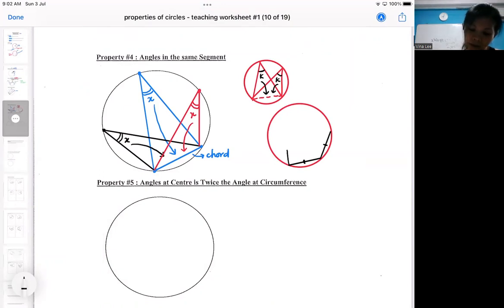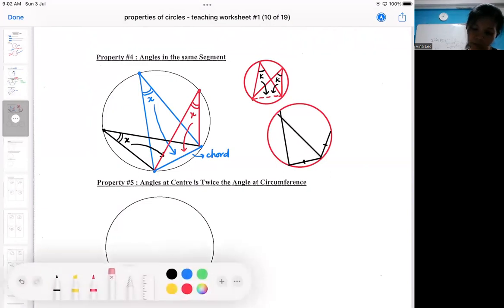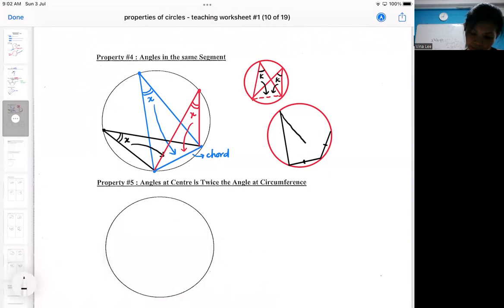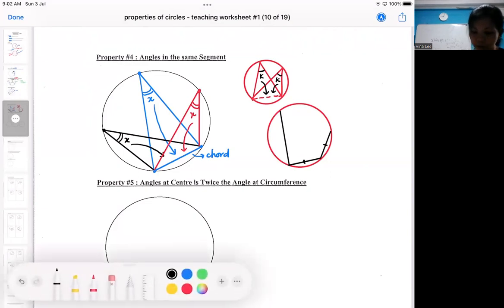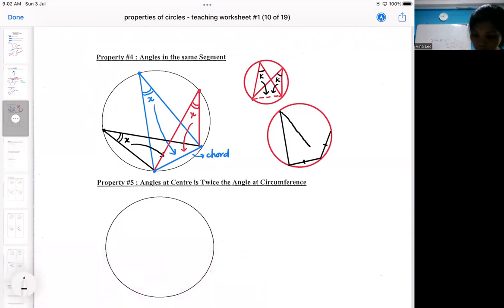When they are exactly the same length, if I do something like this, it also fulfills this property.